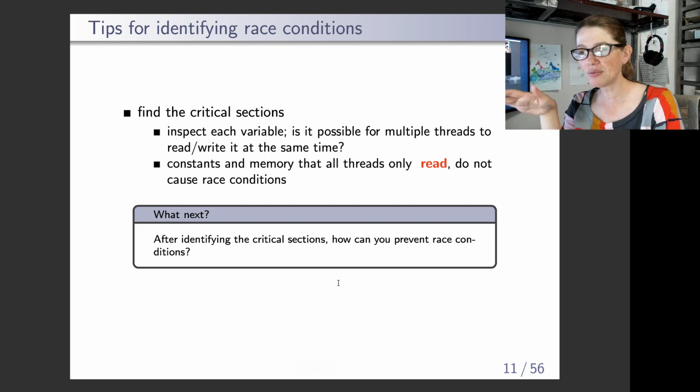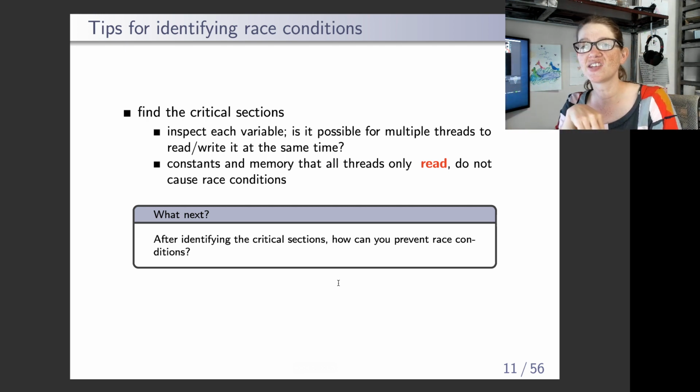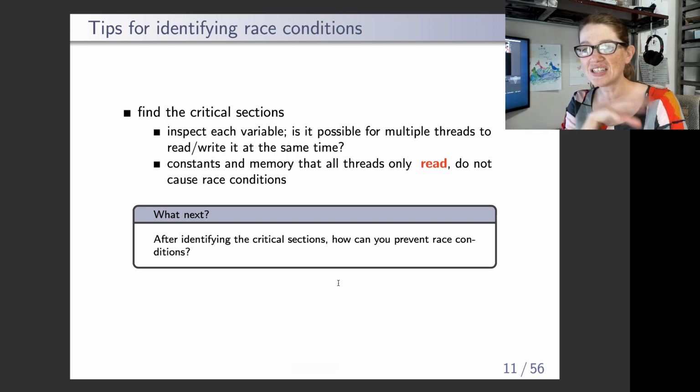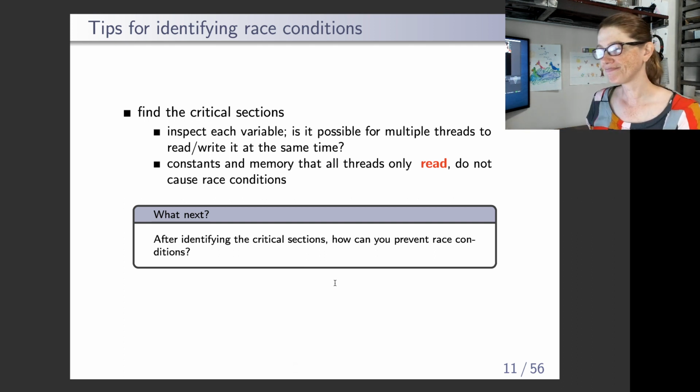So if everybody's only reading, there's no problem. The problem comes when you have writes, because writes require a read, or any combination of reads and writes together. That's where your race condition comes in.